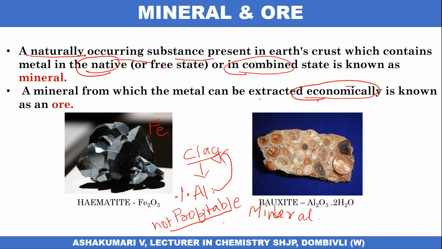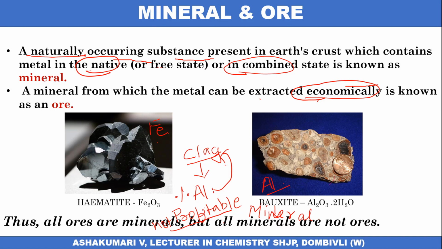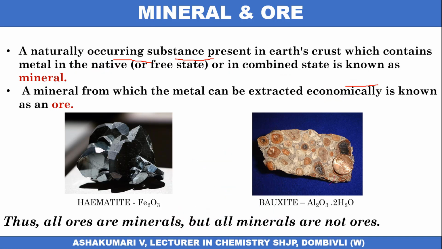Whereas, bauxite is an ore of aluminium and it is also a mineral of aluminium. Thus, all ores are minerals, but all minerals are not ores.